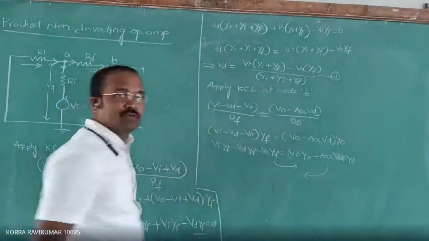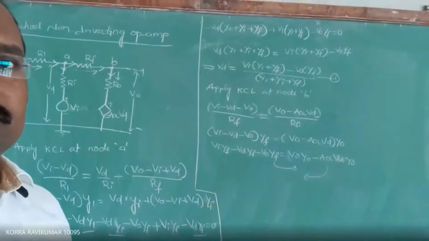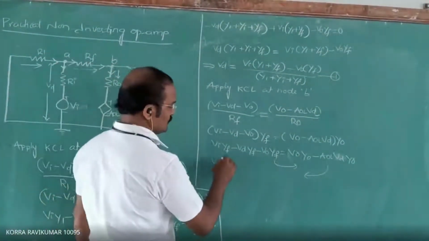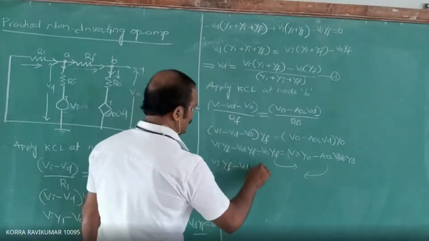Then the equation becomes Vi into Yf minus Vd into Yf.